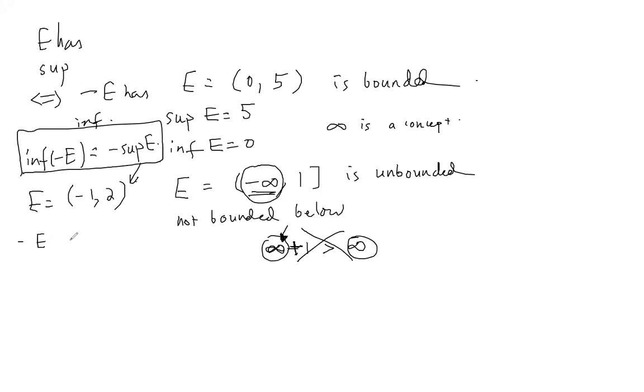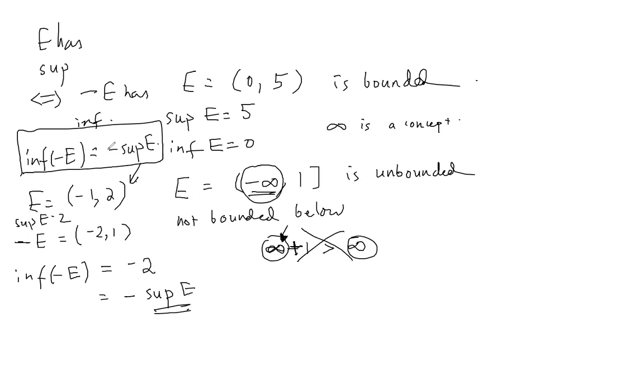So minus E, you will get minus 2, 1, right? Agree? You just multiply minus 1 to this set, so it will flip, right? Your right end and the left end will flip. And the infimum of minus E is clearly minus 2, which is equal to minus supremum of E, right? Because sup E is 2, right?